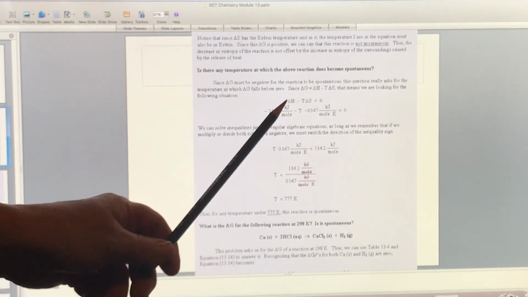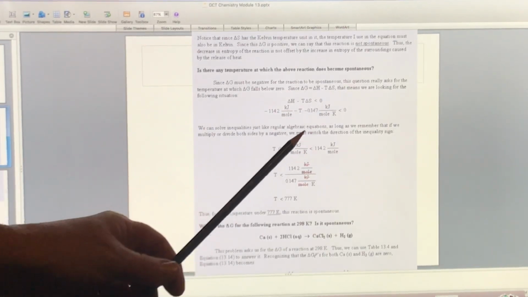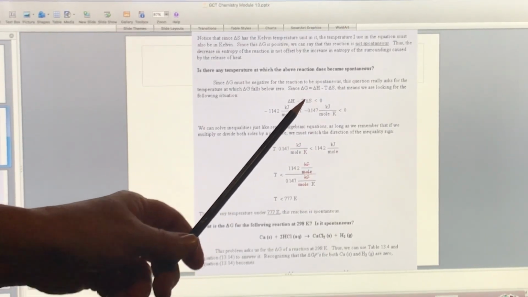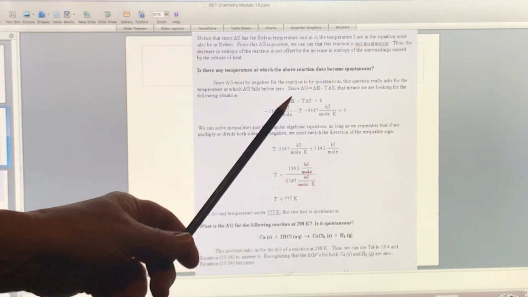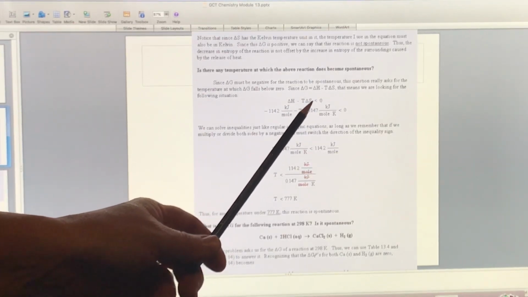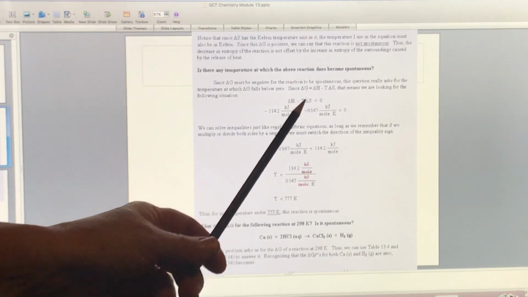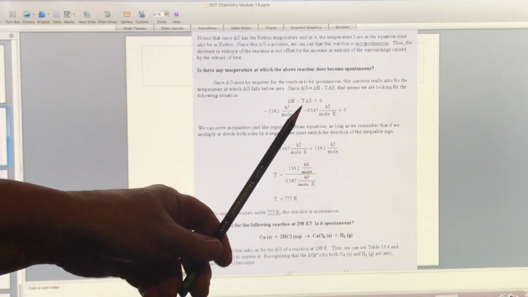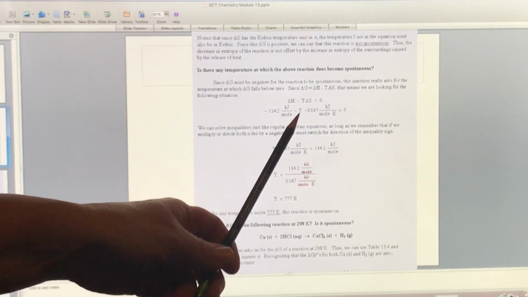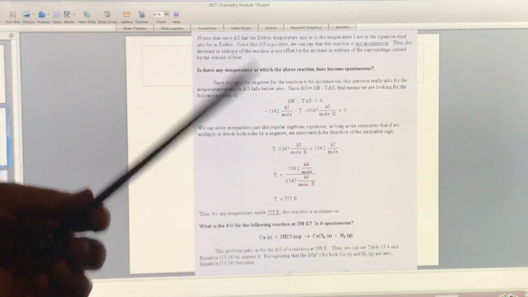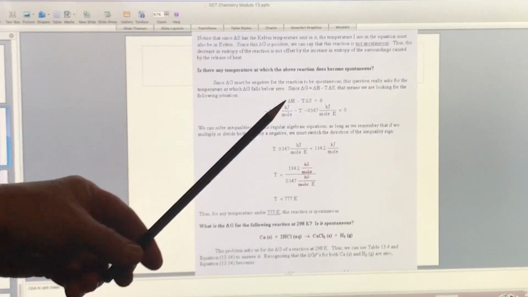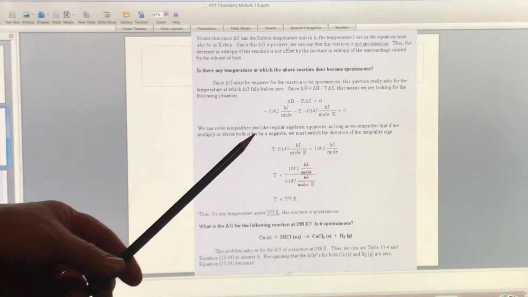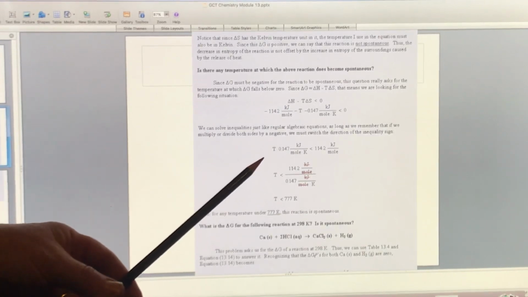So they rearrange the formula, so you have the delta H minus T times delta S, and when it's less than 0, so our G is less than 0, then the reaction would be spontaneous at that temperature. And we want to be solving for this variable, the T. So now we're going to plug in the values from the reaction to try to solve for T under those circumstances.